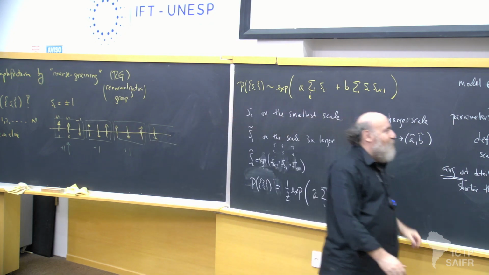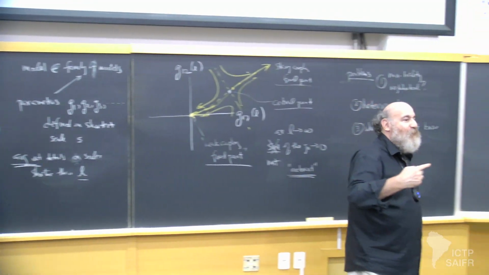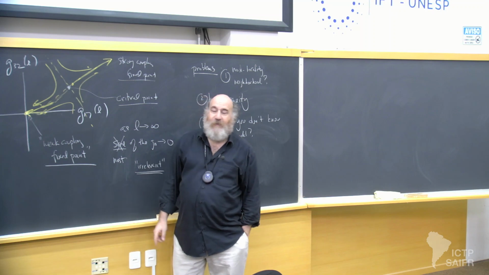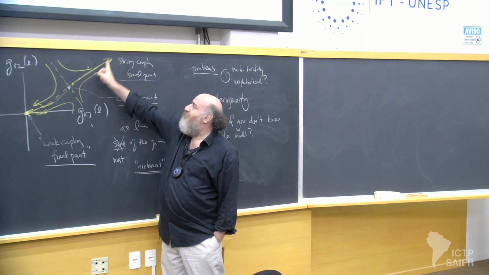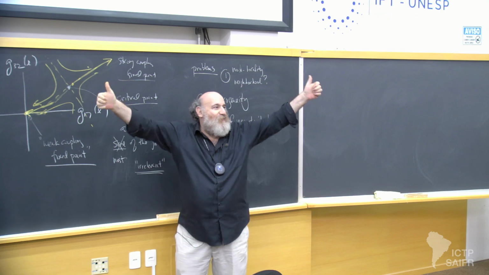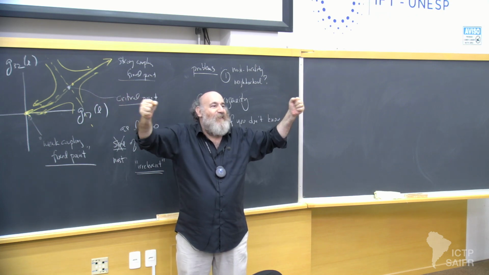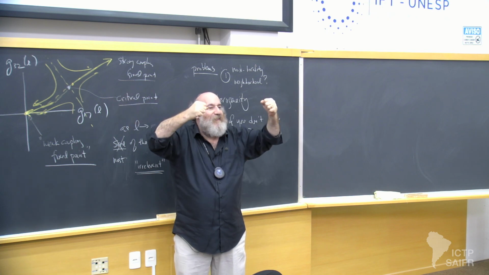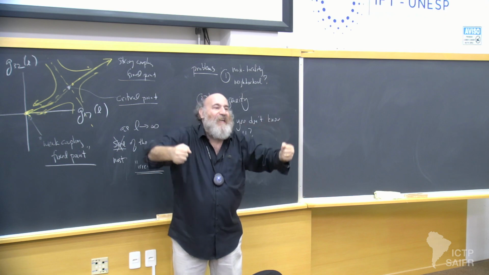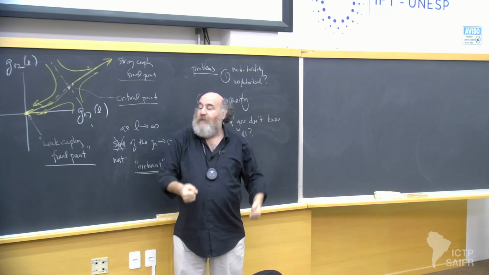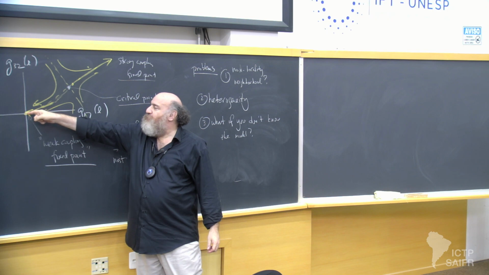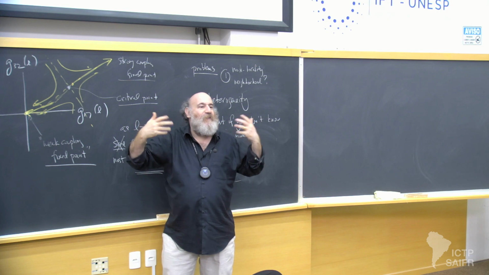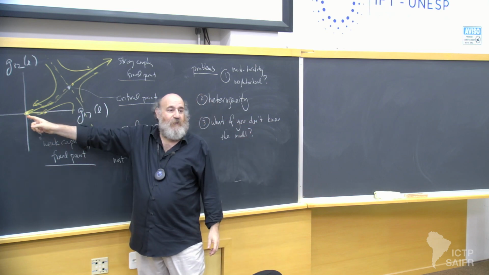So if you follow the probability distribution of the coarse-grained variables along one of these trajectories, and you go this way, the couplings are getting stronger and stronger, so the distribution should end up being bimodal or multimodal, because this strong coupling just means all the variables are the same, and doesn't tell you what the value is. On the other hand, if you flow this way, all the couplings are getting weak, the variables are becoming more and more independent of each other, and you should end up at a Gaussian distribution.